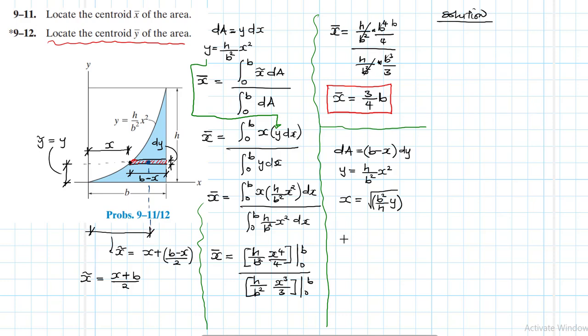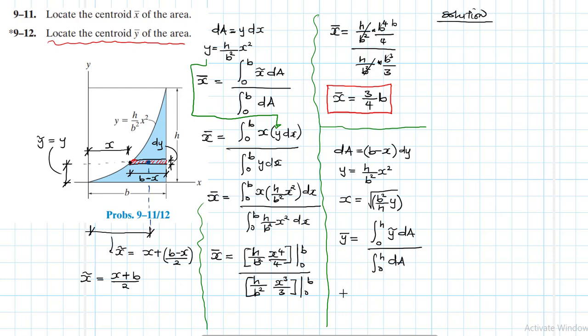Okay, so then we know the formula for y bar. Y bar is equal to the integral. This time around we are integrating with respect to dy, so the boundary conditions are from 0 to h, of y, which is the centroid location of the small strip that we did, dA, then divided by the integral from 0 to h of dA.